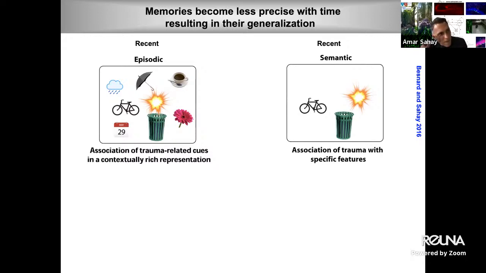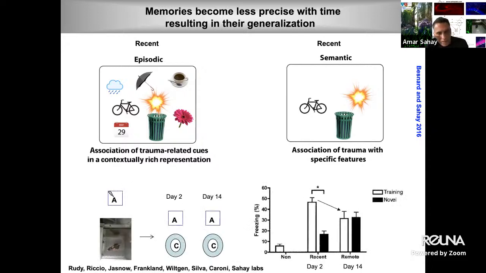This property of memories to be transformed and become less precise over time and lose details has been captured in numerous studies in mice and rats. This is an example from studies using a contextual fear conditioning paradigm, where an animal is conditioned to a context A that's associated with a mild foot shock.